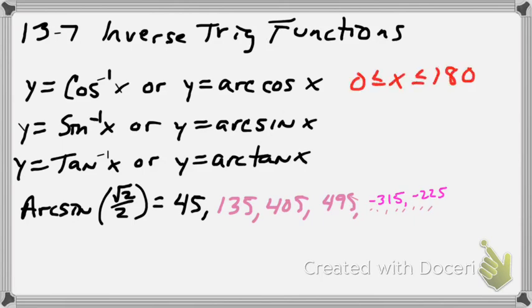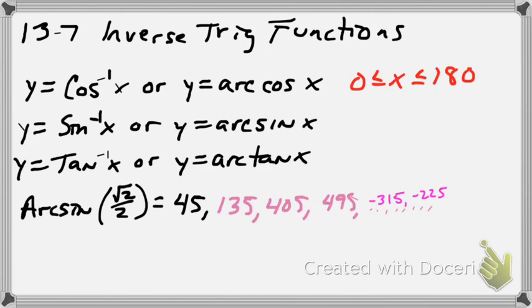And so for cosine, we're going to say that the only answers we're going to accept are the answers that are between 0 and 180. We're not going to accept all these extended answers of just adding and subtracting 360 from your simplest answer.